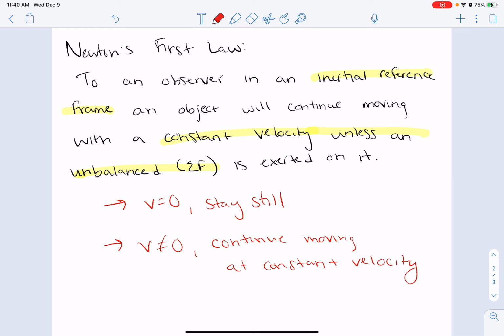Okay? So what Newton's first law is saying is that an object's going to keep doing what it was doing. If it's moving, it's going to continue moving with that constant velocity. If it's still, it's going to keep staying still unless an unbalanced force is exerted on it. But this is only true for an observer in an inertial reference frame.